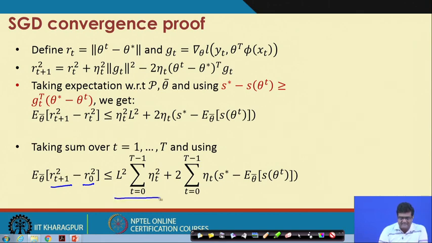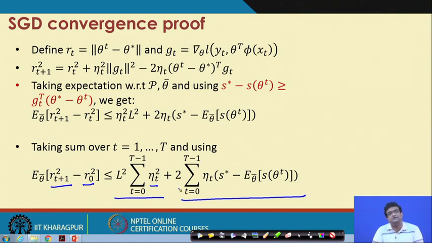In this case, you will just have a summation over this eta_t squared. And similarly, in this case you will also have a summation over t equal to 0 to T minus 1 of this term.